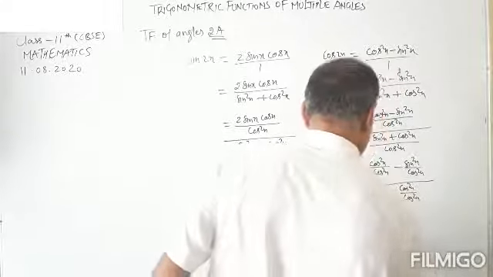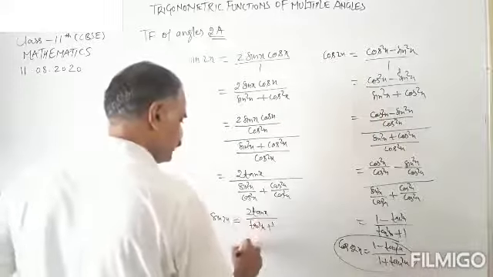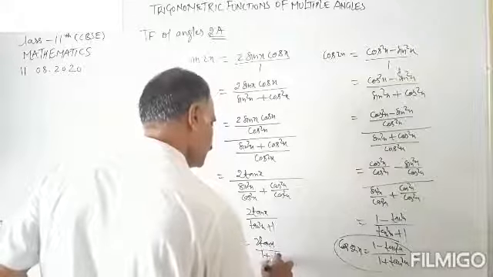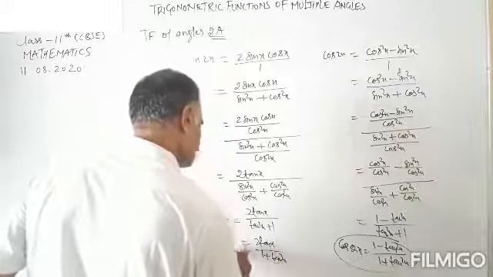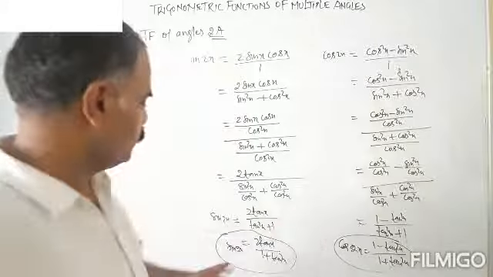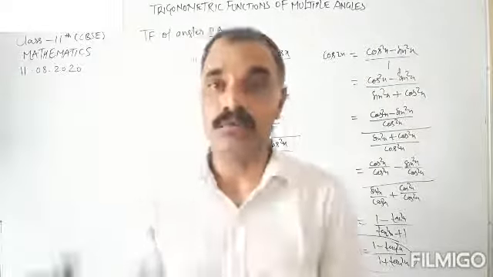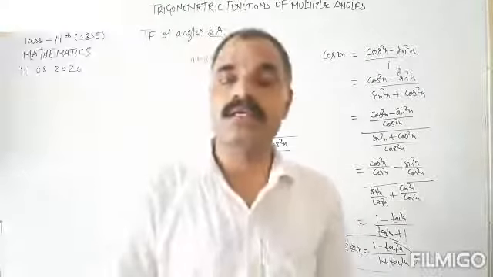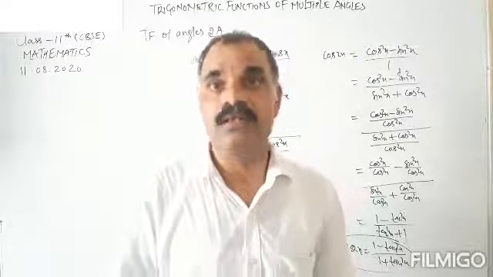Okay, and sin 2x is equal to 2 tan x upon 1 plus tan square x, and cos 2x equal to (1 minus tan square x) upon (1 plus tan square x).